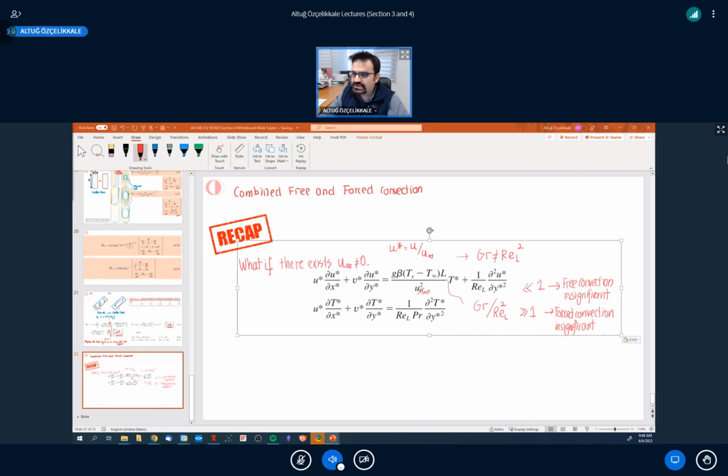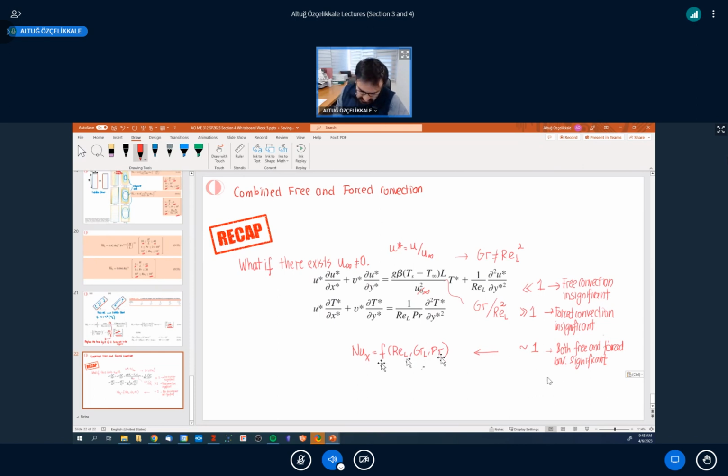And we have been covering conditions where the Grashof number is much larger than the Reynolds number, right? At least, we were assuming that. And what happens if we have somewhat comparable effects of those two modes of heat transfer? Then we are going to have a Nusselt number as a function of Reynolds number, Grashof number, and Prandtl number.